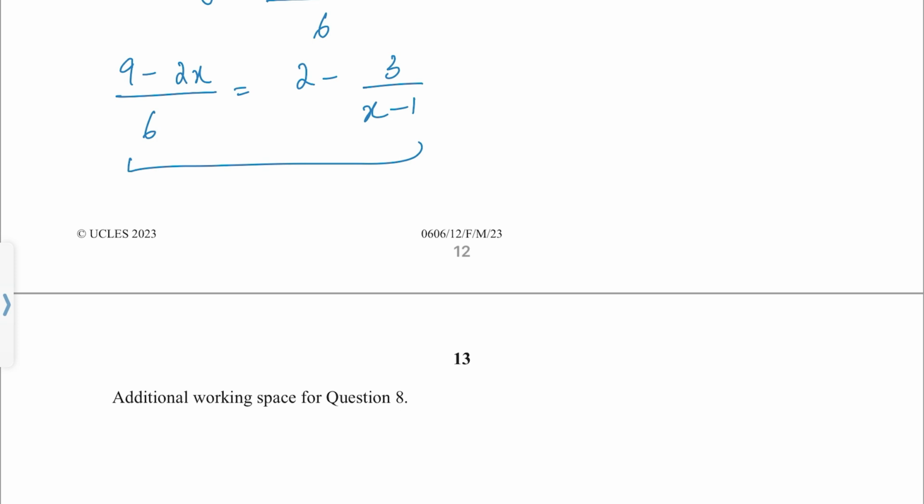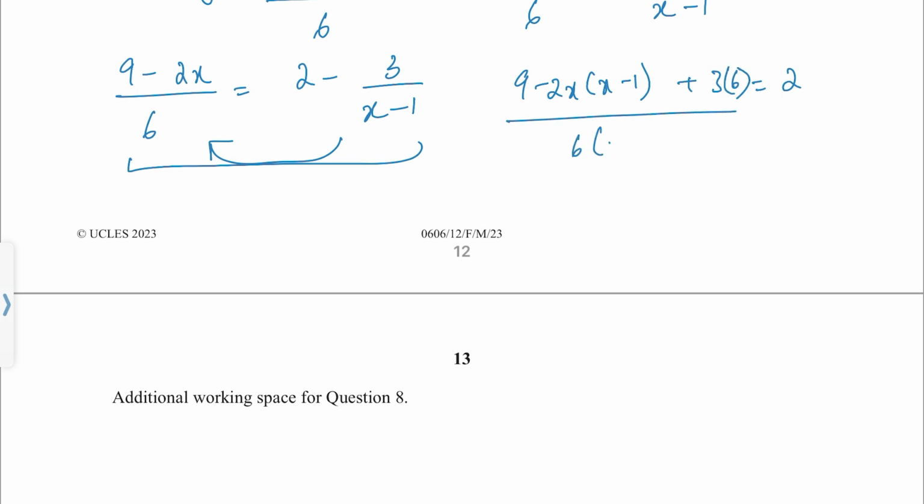By solving this equation, we will be getting 9 minus 2x over 6 minus 3 over x minus 1 as 2 plus, this will be going there as plus. Then 9 minus 2x would be multiplied by x minus 1 plus 3 would be multiplied by 6, and in the denominator we'll be having this.